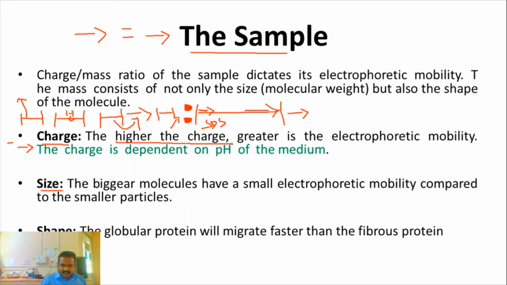The higher the charge, the greater the electrophoretic mobility. The charge depends upon the pH of the medium. This concerns proteins alone, other molecules are not dependent on the pH of the medium, because proteins get ionized and form Zwitter ions.